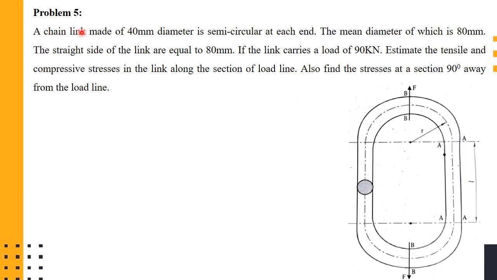A chain link made of 40 mm diameter, so the chain link has a diameter of 40 mm and is semicircular at each end, semicircular at the top and at the bottom. It is a circular cross section in general.